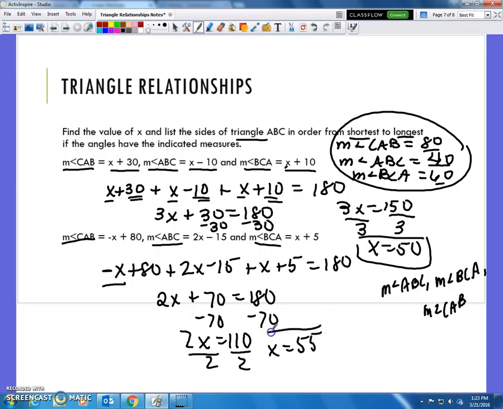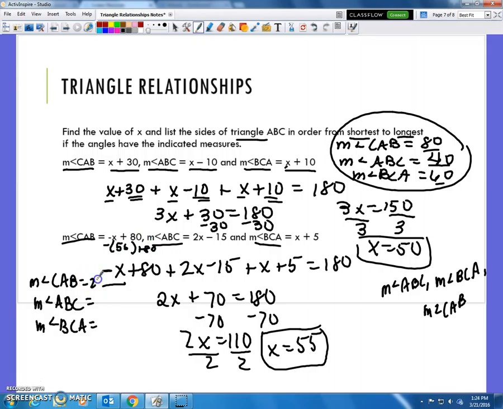That's a good start, but I haven't answered the question yet. So I need to go back and figure out what each of these angles is worth. So I'm going to say I have 3 angles: measure angle CAB, measure angle ABC, and measure angle BCA. To find their actual measures, I'm going to take this 55 and put it in. Negative 55 plus 80, that's going to be 25.